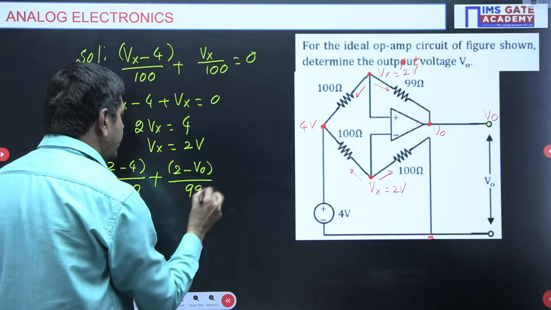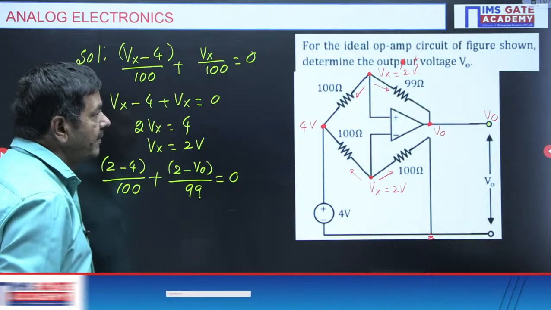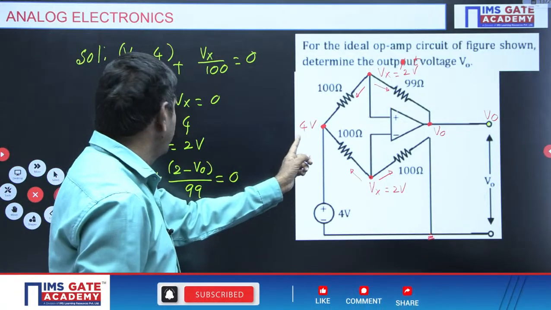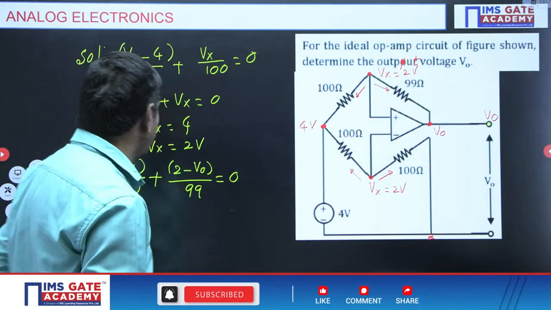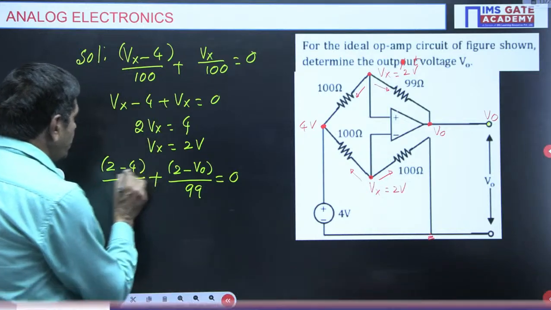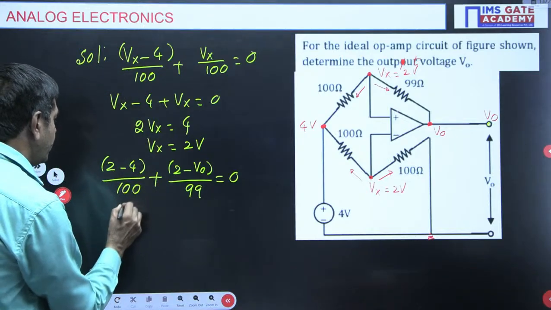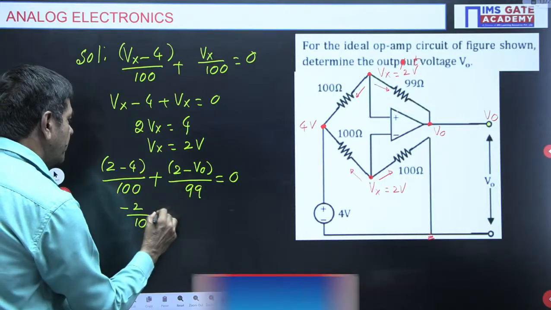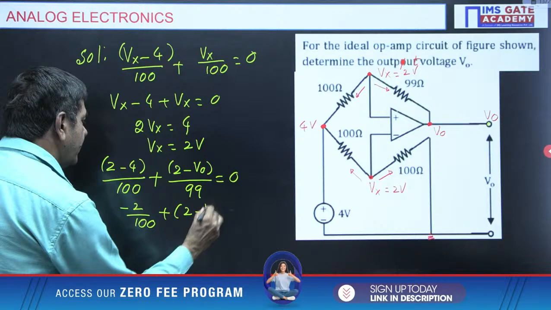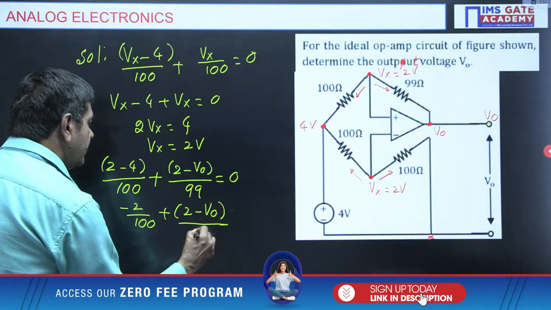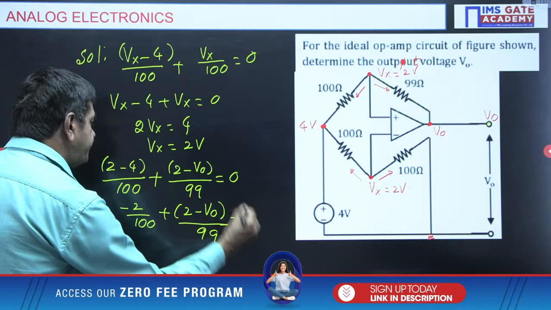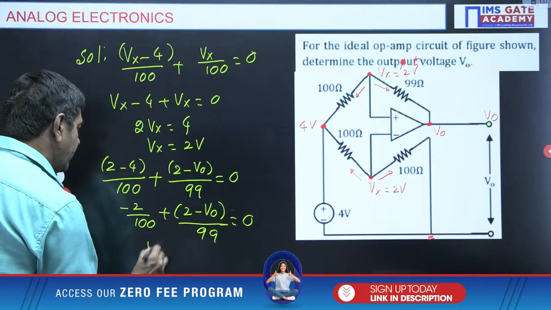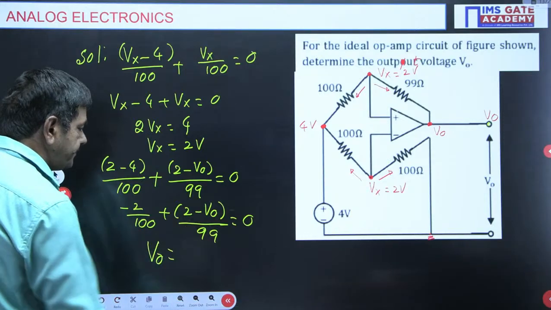So (2 minus 4) by 100 plus (2 minus V0) by 99 equals 0. Use a calculator, you will get the V0 value.